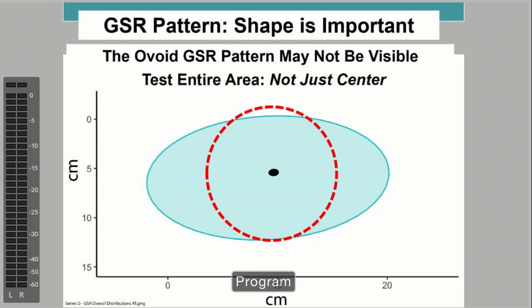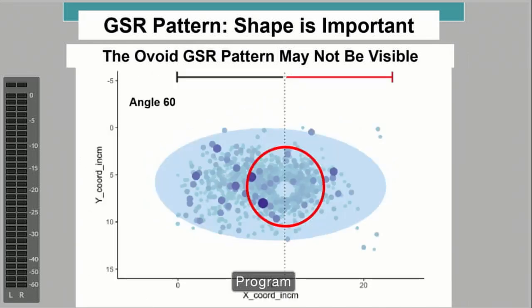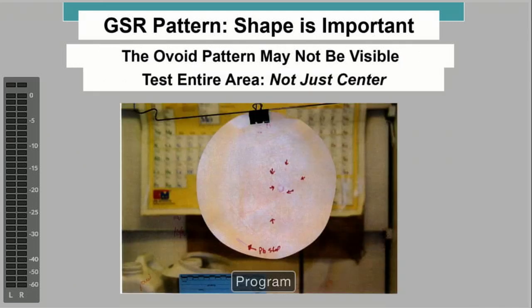Well, there may be gunshot residue elsewhere on that target. It may not be visible to the naked eye, but it certainly should be tested. Now here's a case where they used this filter paper, I think it was 6 inches in diameter, but they failed to test the rest of the garment, where if it's an angled shot, you'll have this ovoid distribution, and all the particles will not be in the center.